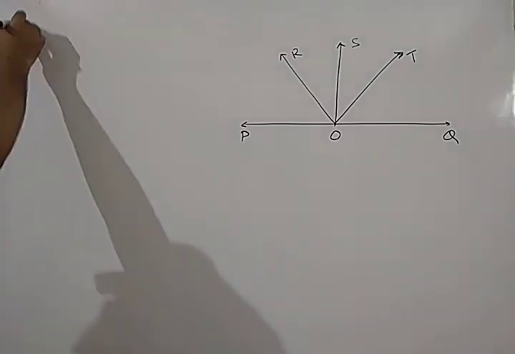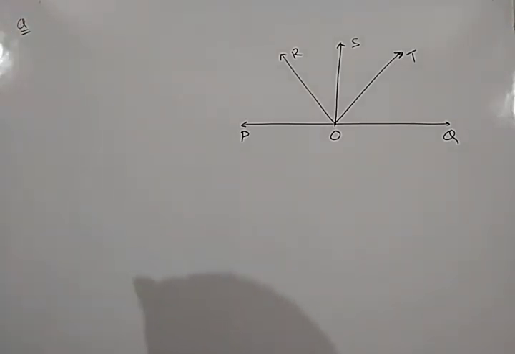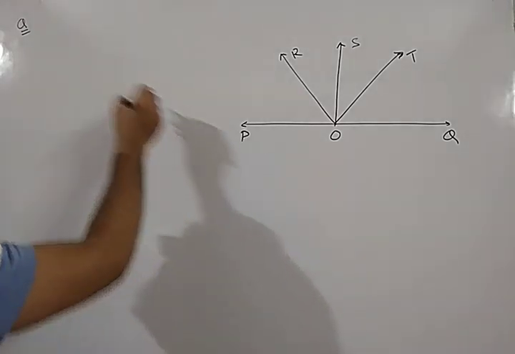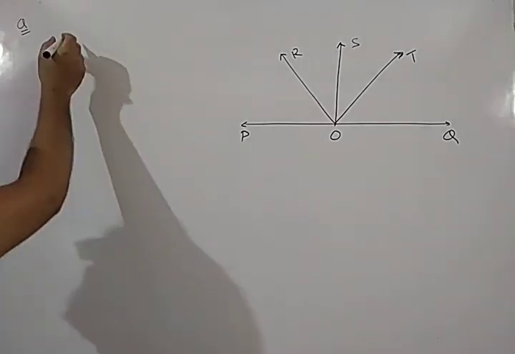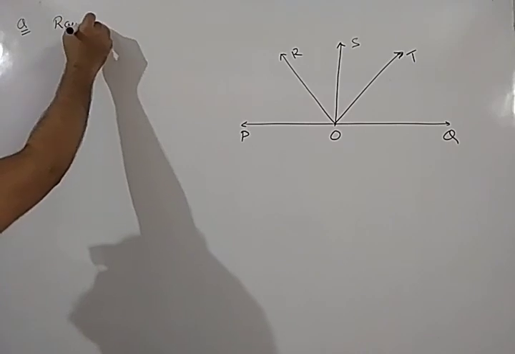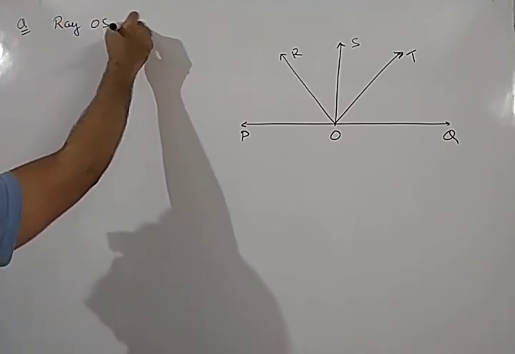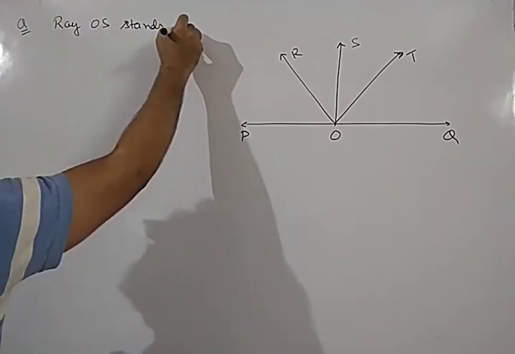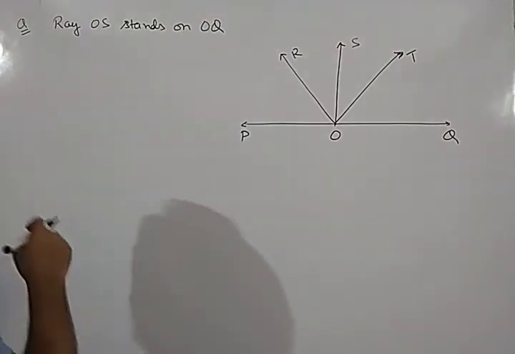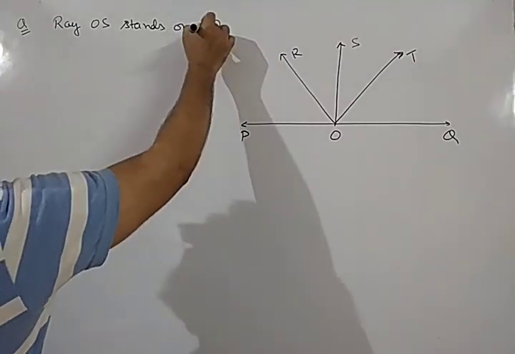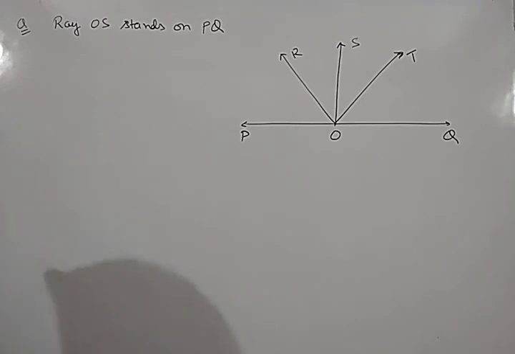So the question is given, note down the question first. We have given in the figure ray OS stands on PQ.